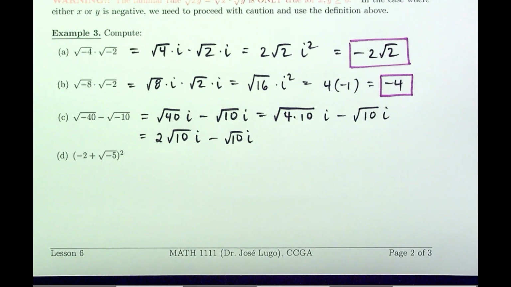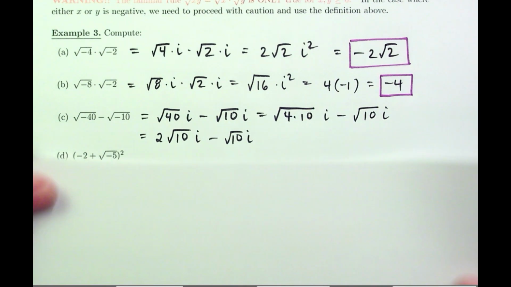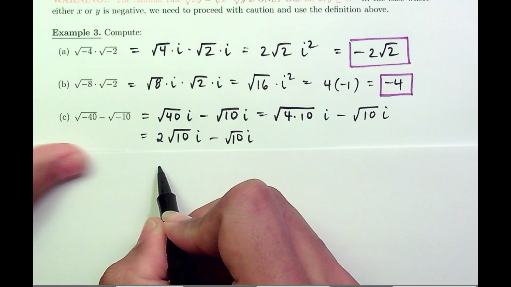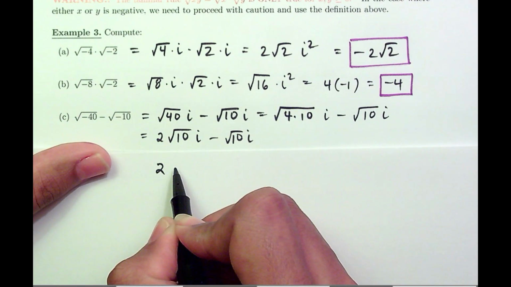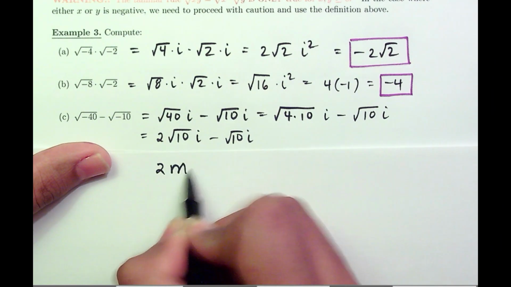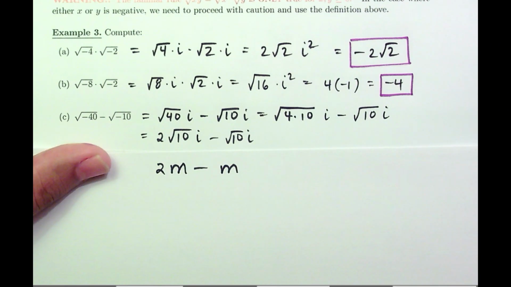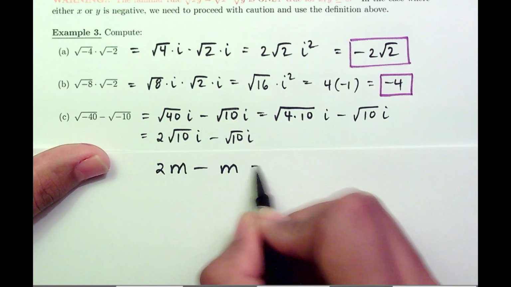And note that these two things are actually like terms. You have 2 square root of 10i minus 1 square root of 10i. So you see these are like terms because the square root of 10i is repeated in both of them. So this is pretty much like having 2m minus m, which is just m.